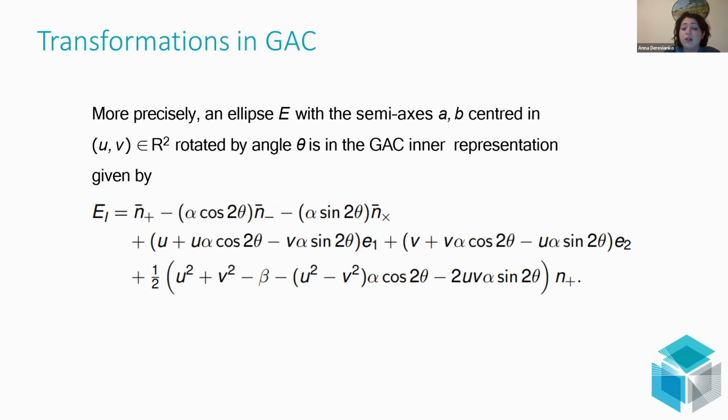So an ellipse in geometric algebra for conics has an outer and inner representation, and its inner representation is demonstrated here. So we obviously have all our origins, all our infinities, and some parameters where, for example, u and v are the coordinates of the center of our ellipse.